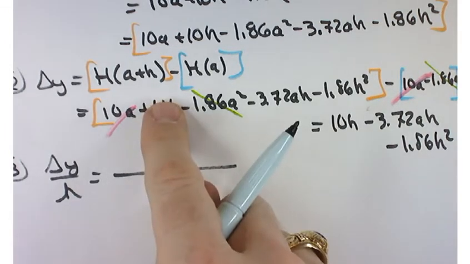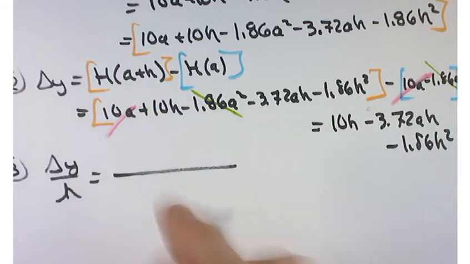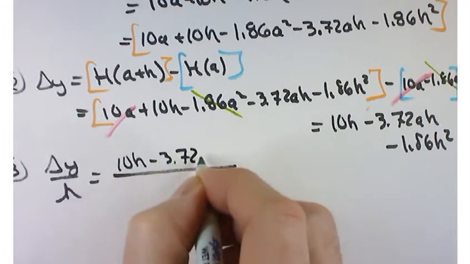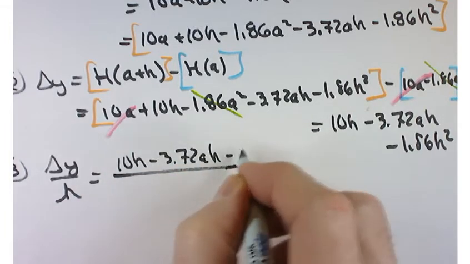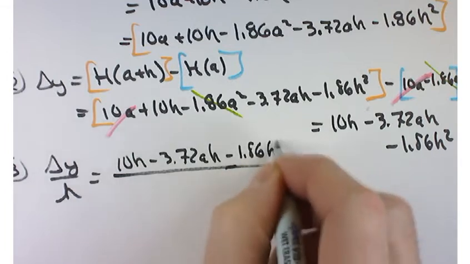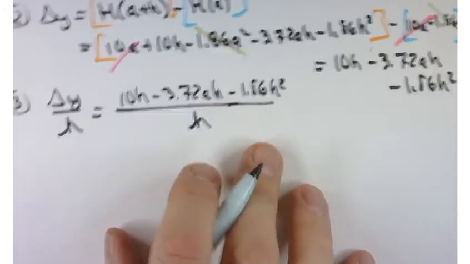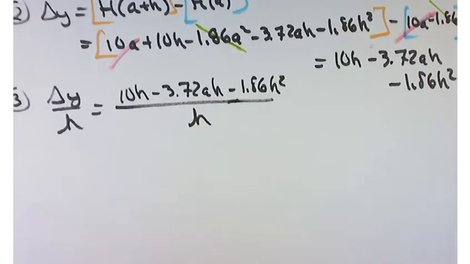That's my delta y, and that's going to go up here: 10h minus 3.72ah minus 1.86h squared over h. So this expression is going to be the slope of the secant line between the two points.